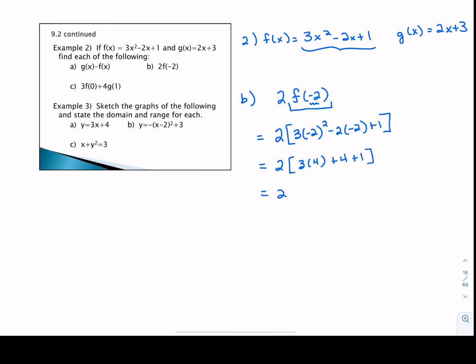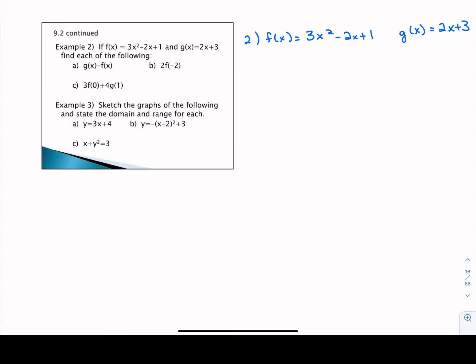So if we clean up those brackets a little bit more, 3 times 4 is 12, plus 4 plus 1. And then we can work inside those brackets. 12 and 4 is 16. If we add 1, we've got 17. And 2 times 17, of course, is 34. So in this case, we didn't just have to deal with function notation, but we multiplied the whole thing by 2 after the fact.